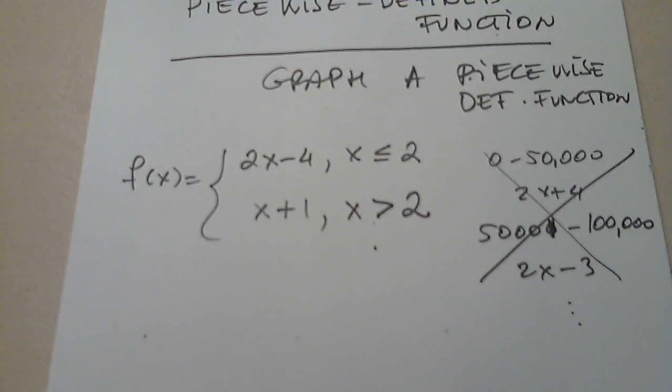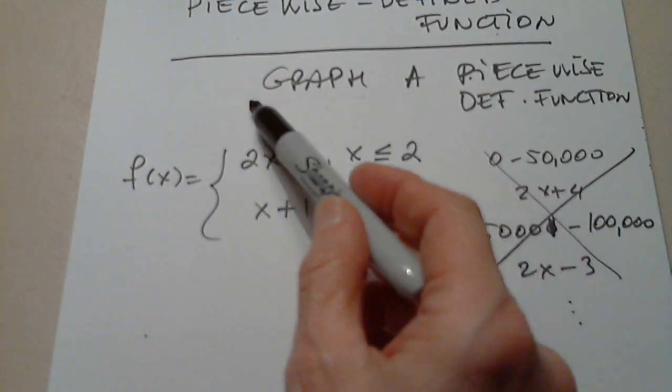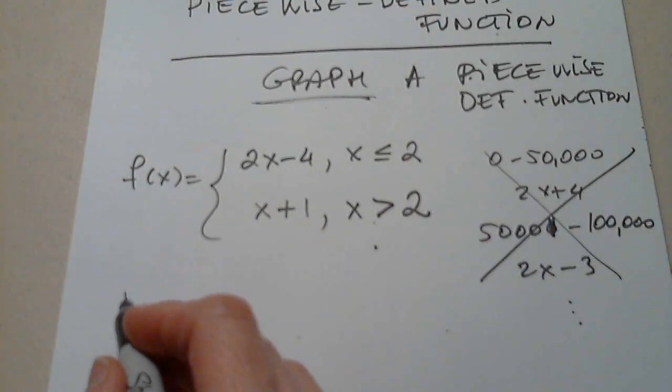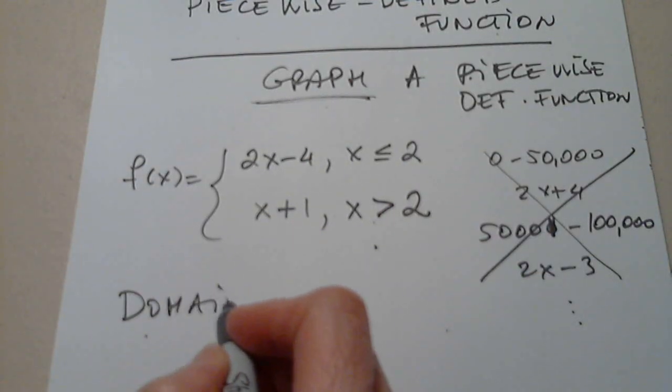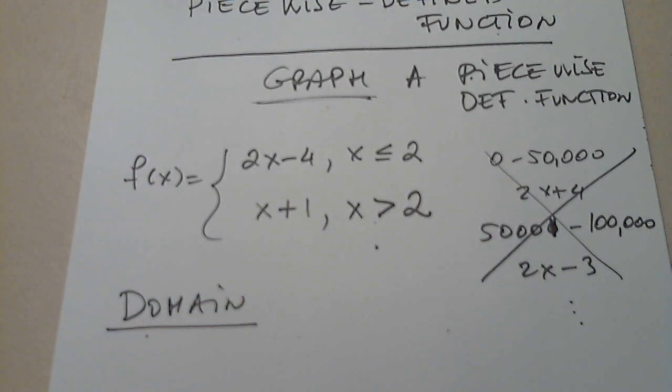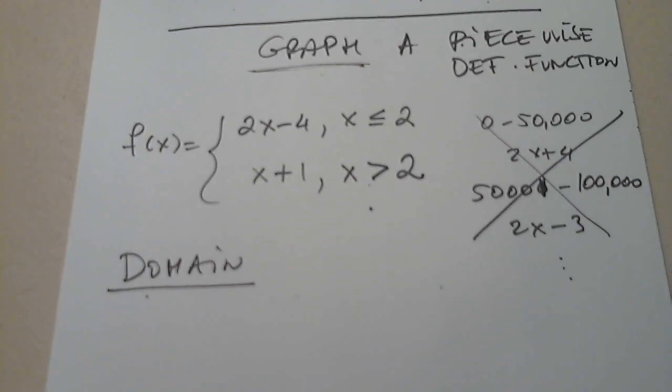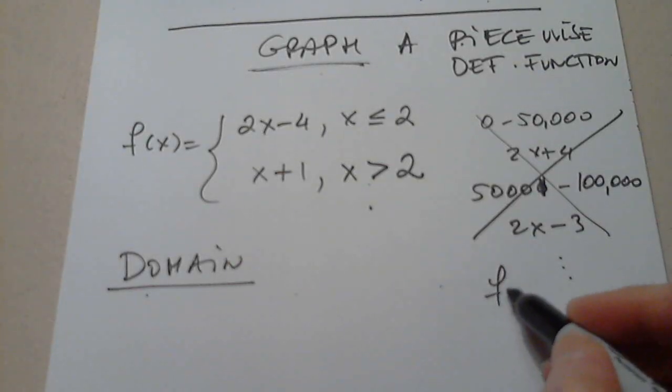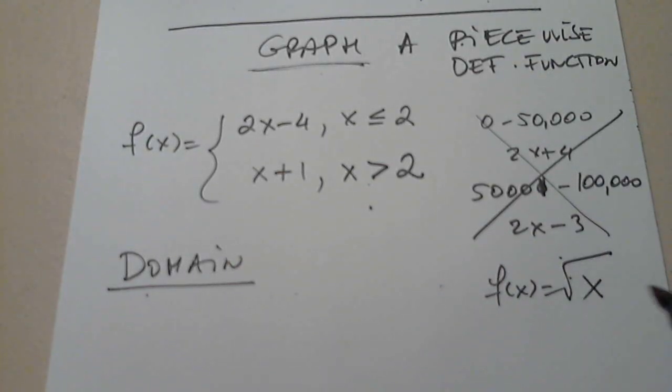So that's an example. Now, every time I'm asked to graph a function in general, the first thought I have is the domain. Because I need to identify where the function exists. For example, if I have f of x equals the square root of x, I don't know if you remember, but the square root of x requires x to be positive or 0.